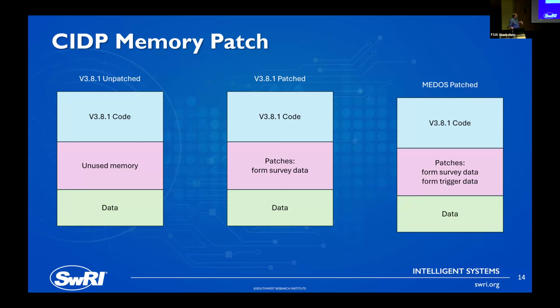It actually turns out that with the select part of the Meadows software that we needed to do analysis of FEEPS, the patch will fit within that section. So we were able to put the patch for the survey data and now a patch for the trigger data, which is the Meadows patch, within that same piece of memory.